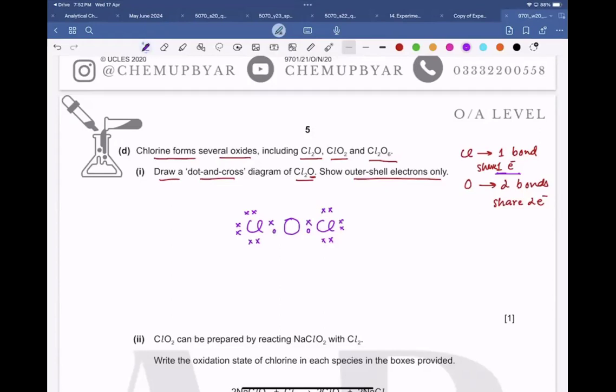Now 4 electrons are left, so you will make 2 pairs like this. Is this clear to all of you? Yes, you can use circles, but it's preferable not to use circles in AS level. Okay.